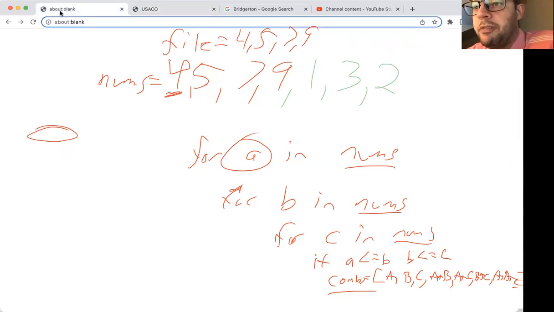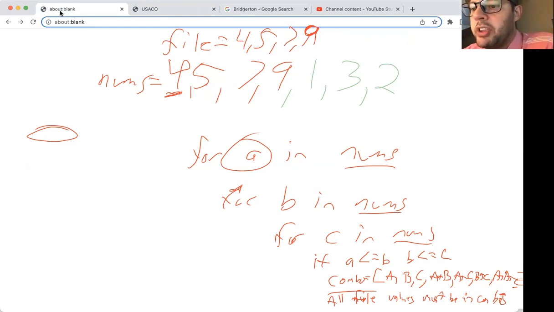If this is my file, then I generate my combo, and I have to make sure all file values must be in combos.